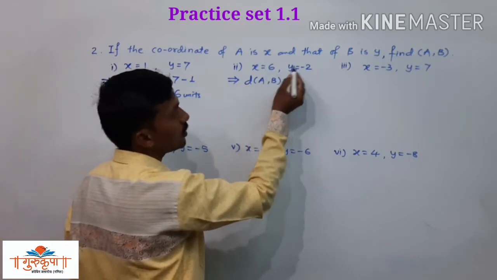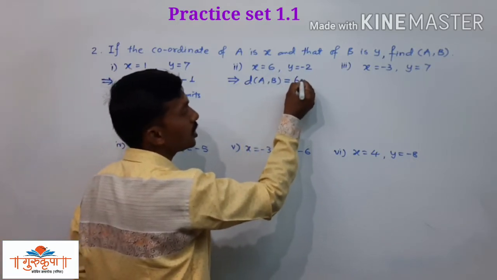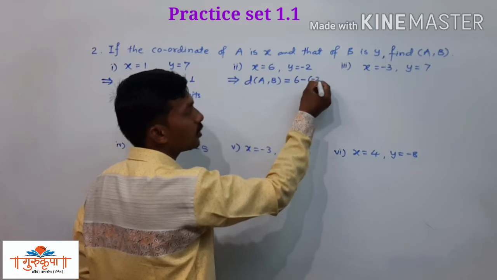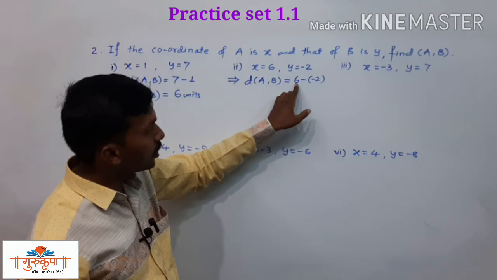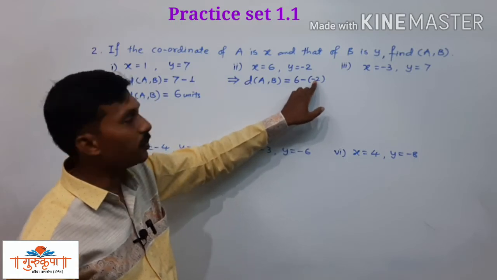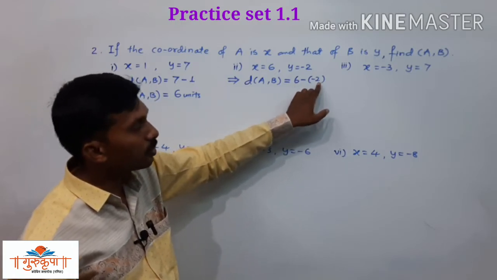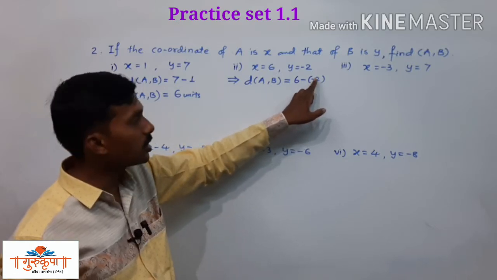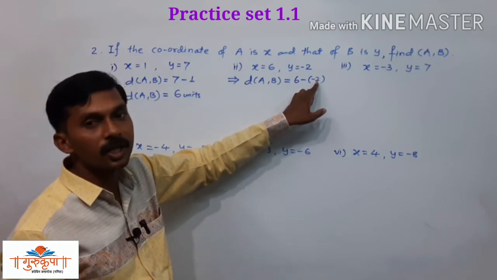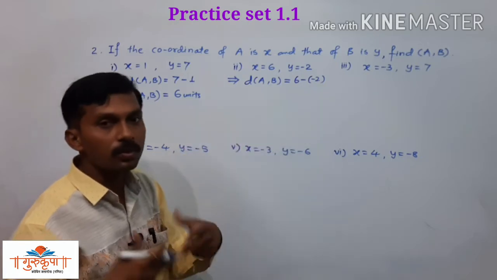See here 6 is bigger and minus 2 is smaller. So 6 minus, that is very important, the difference is the bigger coordinate minus the smaller coordinate. The bigger coordinate is 6 and the smaller coordinate is minus 2. Since that is negative, we write it into the bracket, so it will become easy to calculate.